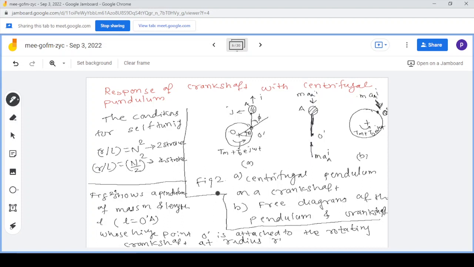So there is a pendulum of mass m and length L whose hinge point O dash is attached to this rotating crankshaft at radius r. So what is the radius r? This O dash to O is the distance r. Okay. Now consider the angular velocity.